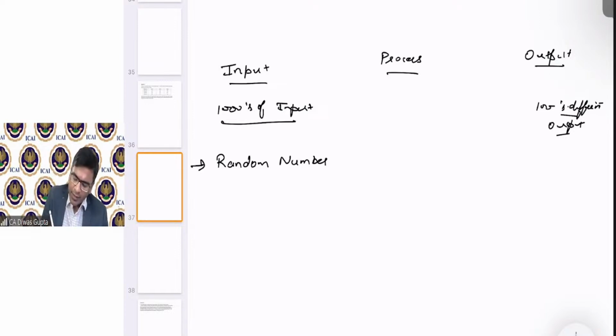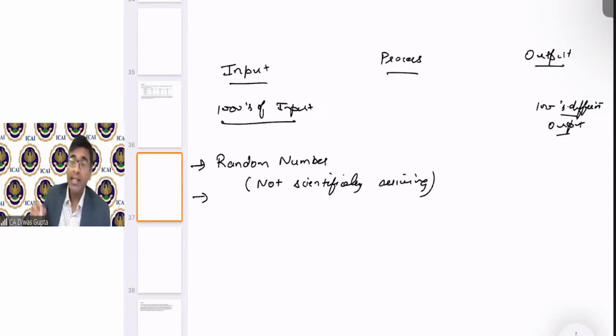Those random numbers are used as an input in the process to formulate these inputs. So we are not scientifically arriving at those numbers, neither are we biased to that.